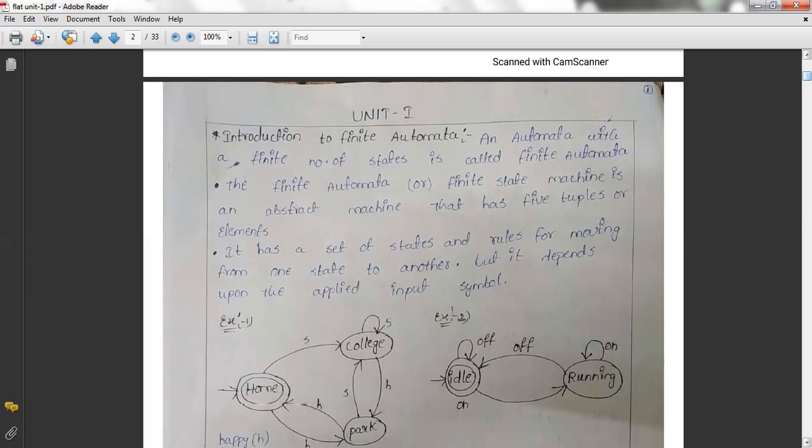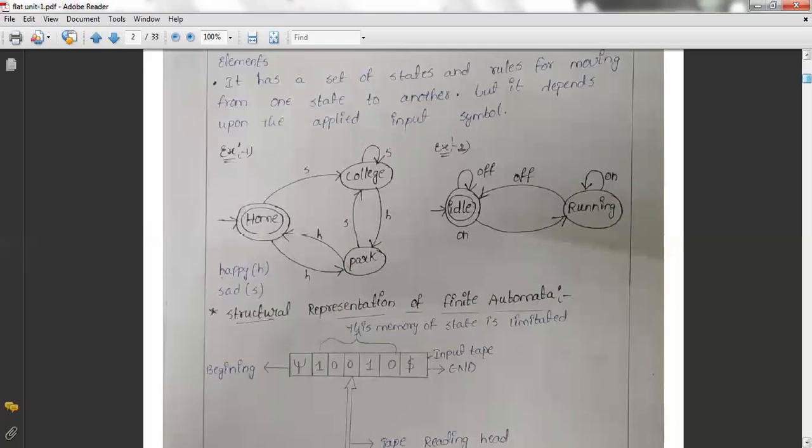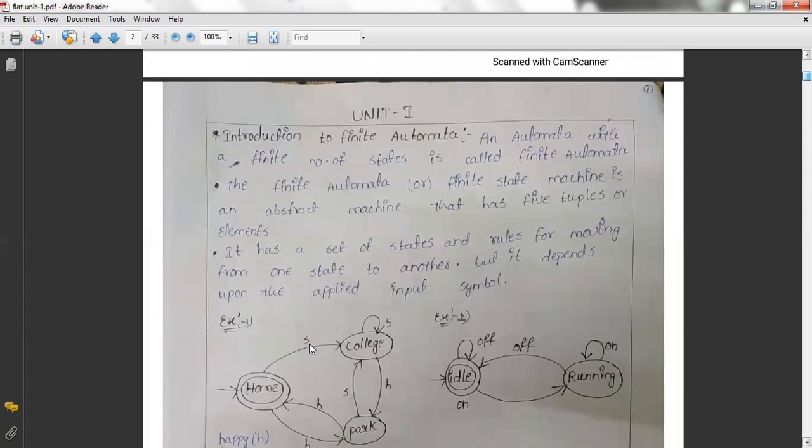Suppose I give an example here. From home to college, we have 2 states, the happy state and the sad state. Depending upon the mood of the student, we mention the states here. When the student is going from home to college, the student may be in a sad mode.